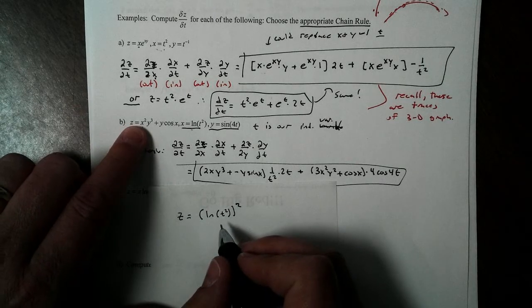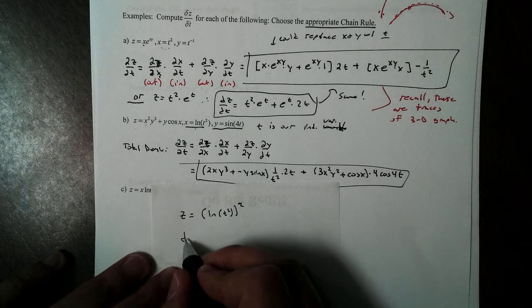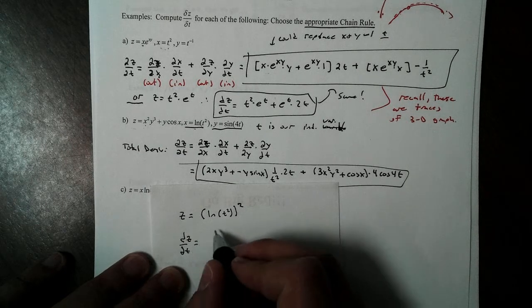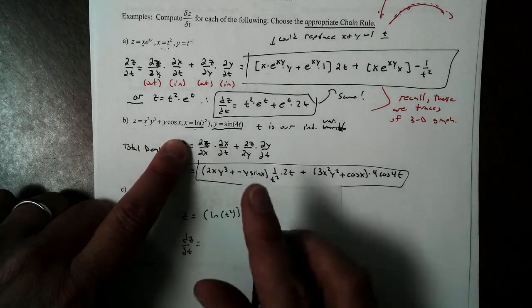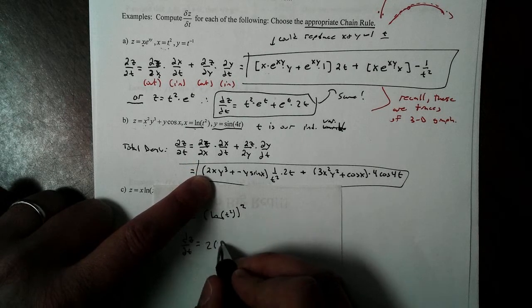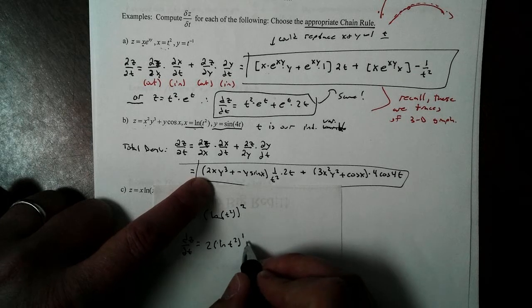If I only deal with the x squared part, I'm not dealing with the y's or the x over here. When I'm taking the derivative of z with respect to t, this is my chain rule. I take the derivative of the outside, which becomes this 2 times, there's my x, natural log of t squared to the first, times the derivative.